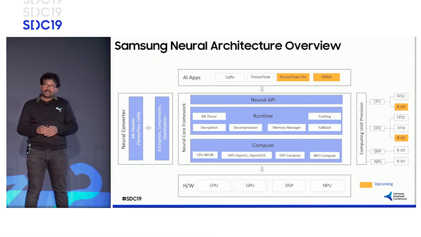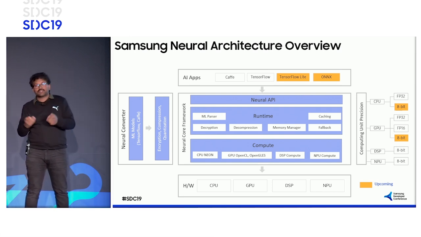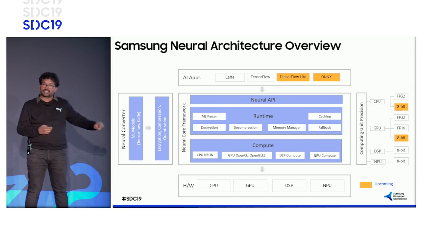For example, in a camera application, we go back and forth between front camera and rear camera. Within the front camera, again, we do mode switches like beauty mode, live focus, and various other modes. So the end user looks for smooth transition. That's the reason caching is an essential part. That is one of the key advantages of Samsung neural architecture.